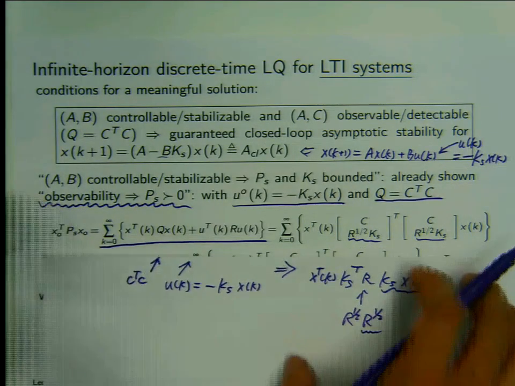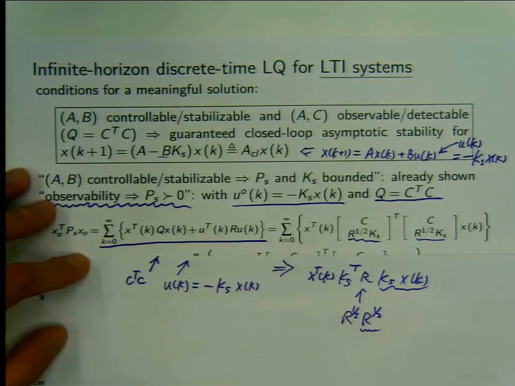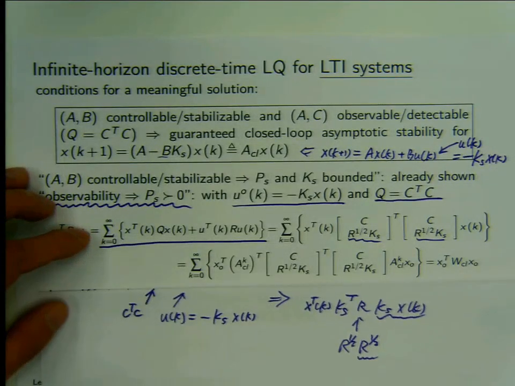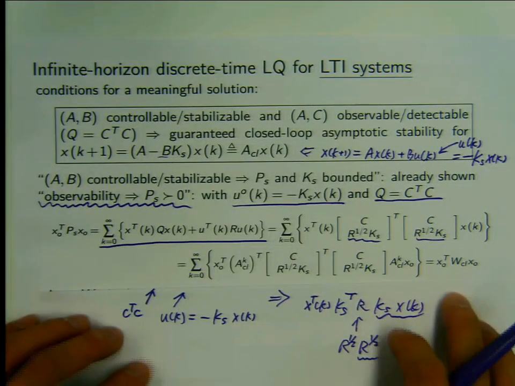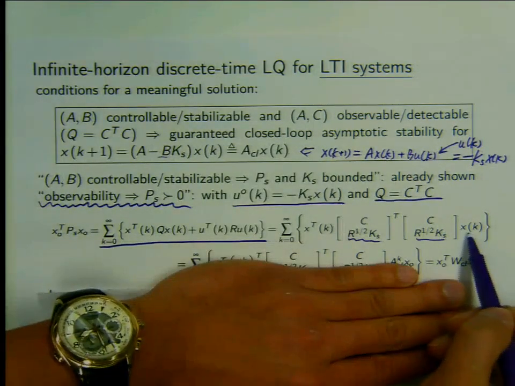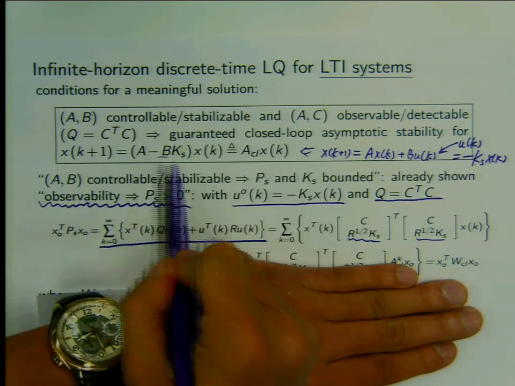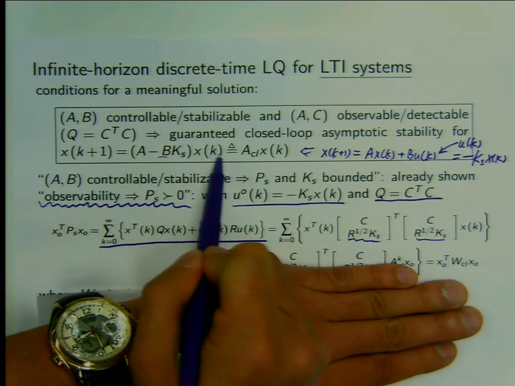Okay? This is a classical way to massage this cost function. So as you do some more examples, you will get very familiar with this. Okay, so now we have explained x of k, the dynamics of x of k is this one, right? This is the closed loop dynamics of x of k.